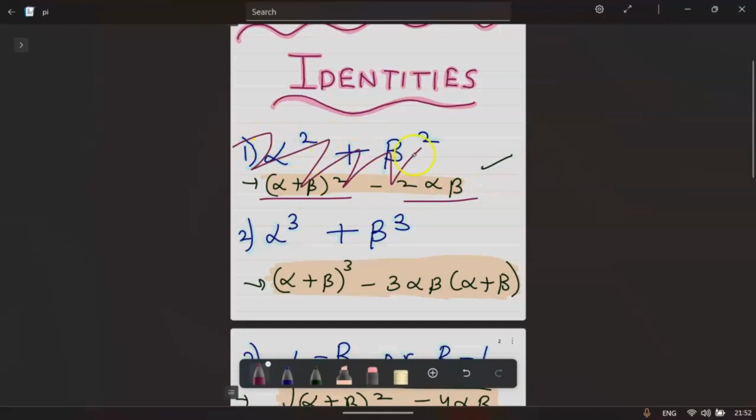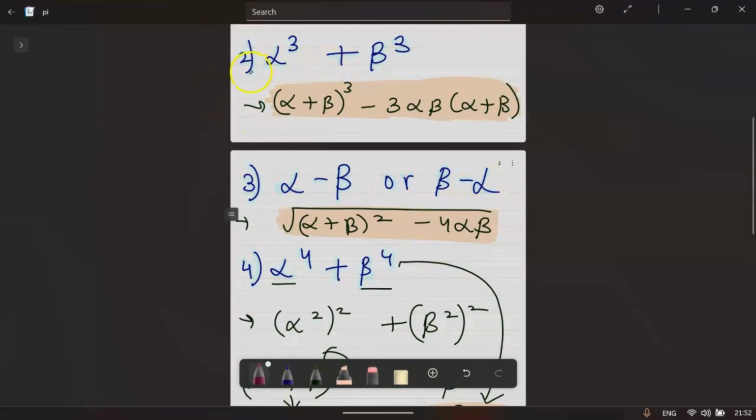Did you understand this one? Let's remove it. Next we have alpha cube plus beta cube, so the answer will be alpha plus beta whole cube minus 3 alpha beta, alpha plus beta. This one also you got, let's remove it.